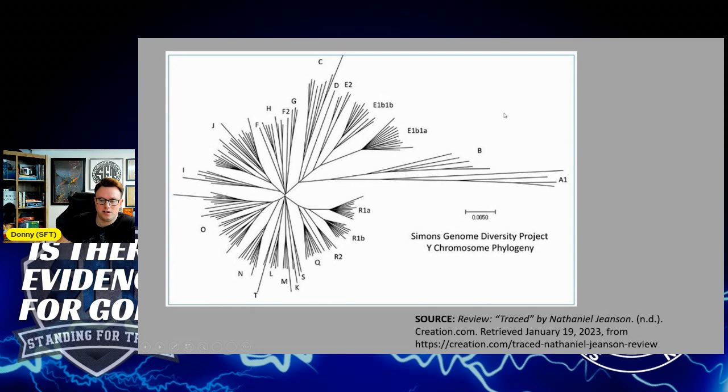I'm having a hard time keeping this mouse in view because I want you guys to see. Okay, so let's try this again. E1B1A branches off from E1B1B, which is non-African. D is non-African, and C is non-African.